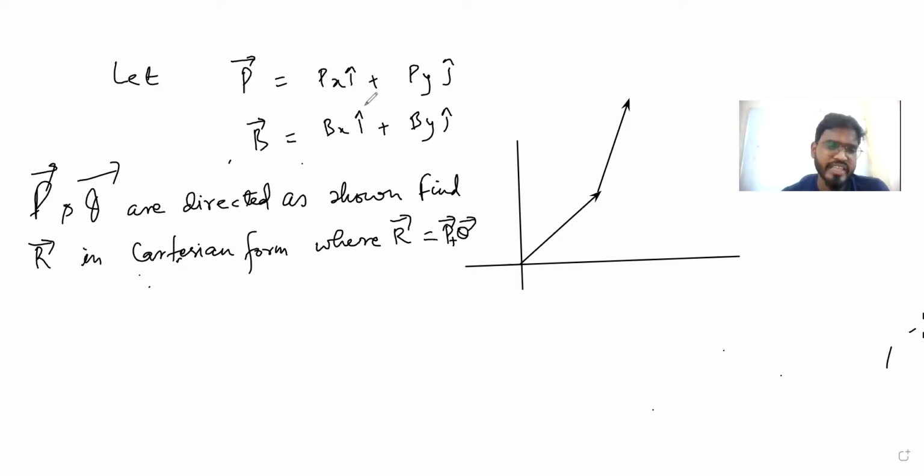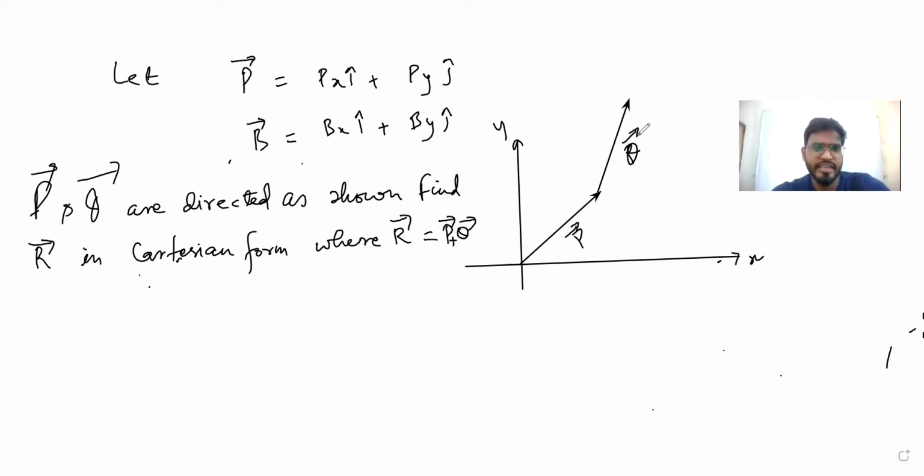Directly we can find the resultant. Let's take this as vector p. We know this is the x-axis and this is the y-axis. This is the q vector.